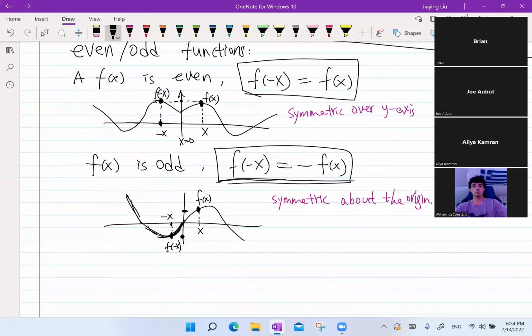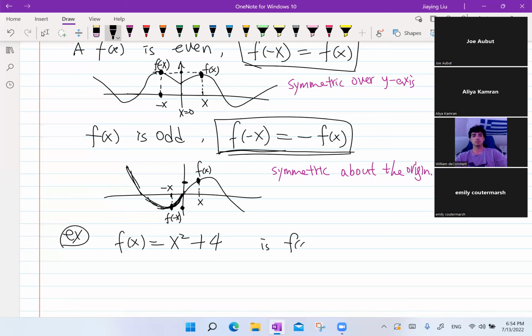So here's an example. I'm going to give you f of x equals x squared plus 4.